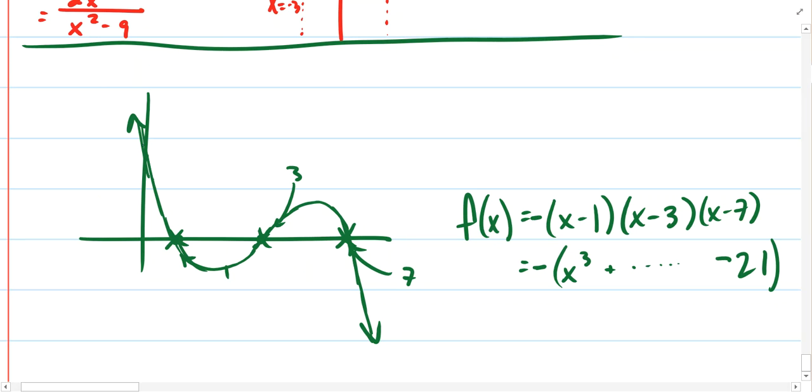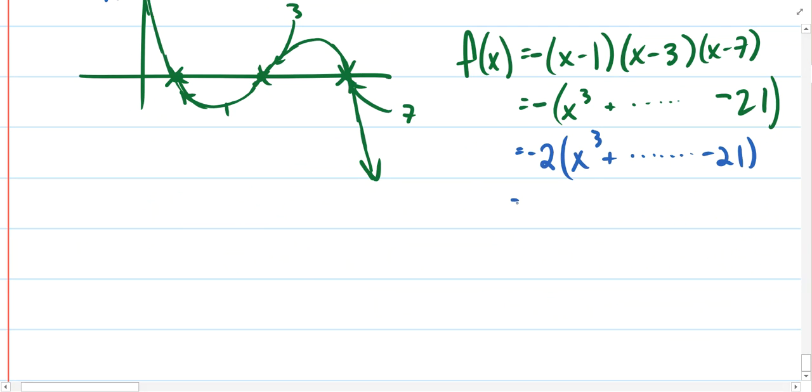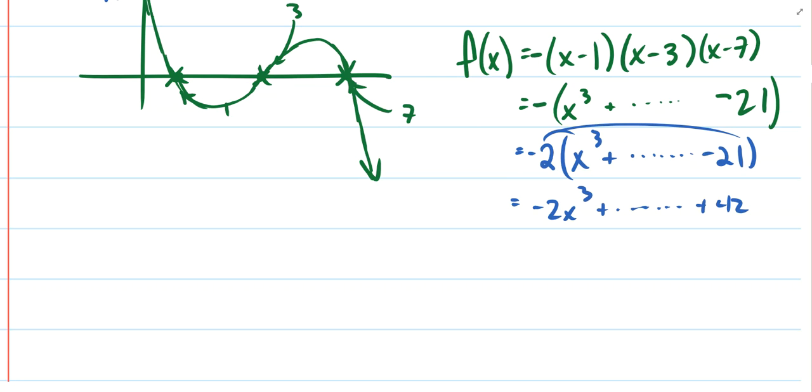But maybe we're then told that actually the temperature started off at 42. The y-intercept was 42, not 21. Well, then we might have to introduce a multiplication or some sort of constant multiplier. What if we had negative 2 times x cubed plus negative 21? Well, now we have ourselves, especially after we distribute, negative 2x cubed plus something plus 42 at the end.